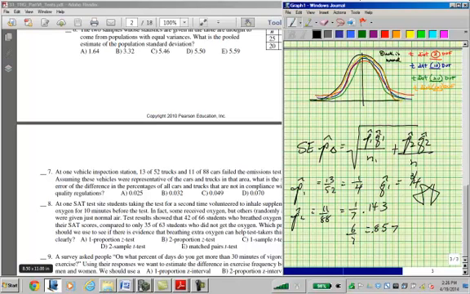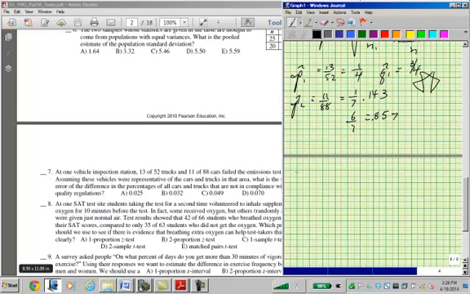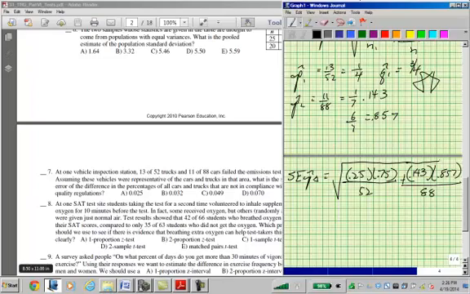So the standard error of p hat delta equals the square root of 0.25 times 0.75 divided by 52 plus 0.143 times 0.857 divided by 88.